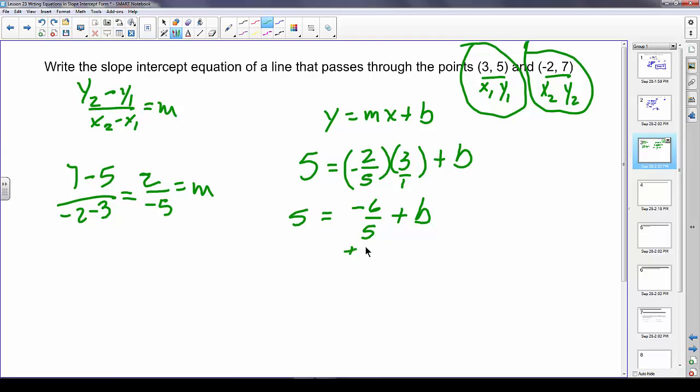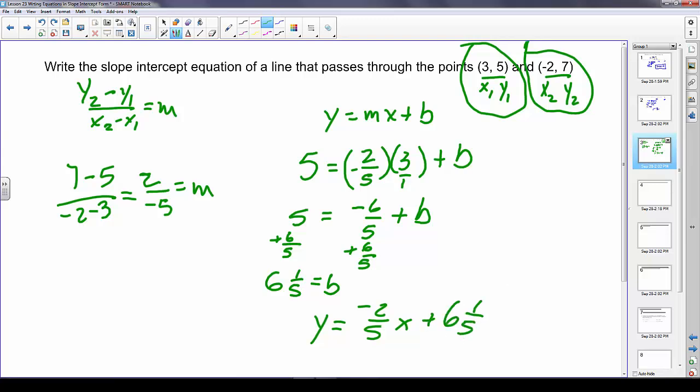I'm going to add 6/5 to both sides, and I know 6/5 is 1 1/5, and if I add 1 1/5 to 5, I get 6 1/5 is equal to b. So I can say y is equal to negative 2/5 x plus 6 1/5, and I'll take that.